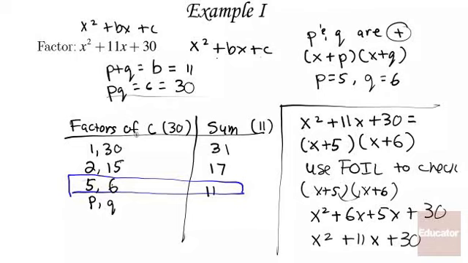Then I went ahead and factored out C to give me possibilities for P and Q. And I had a few possibilities, but when I took their sum, I found that the only one that had a product of 30 and a sum of 11 is the combination 5 and 6. So I knew that those are my values for P and Q. X plus 5 times x plus 6.